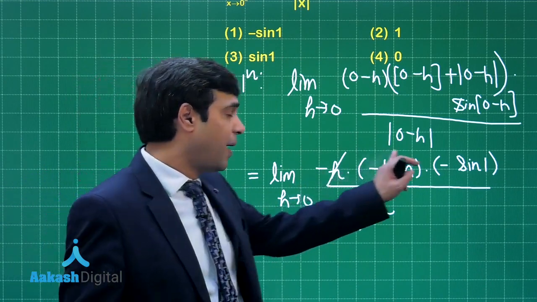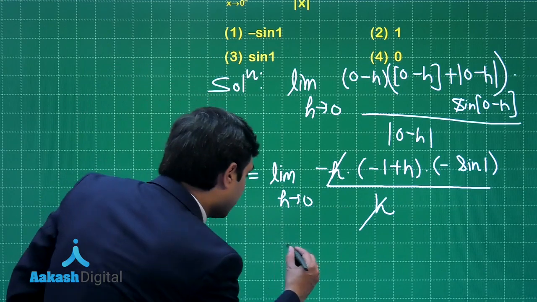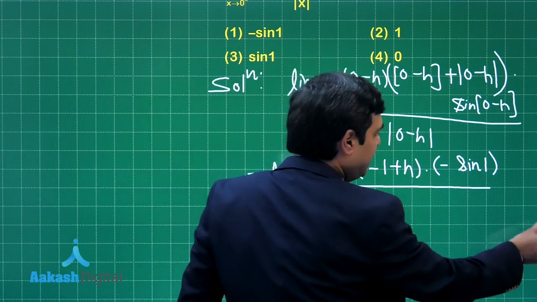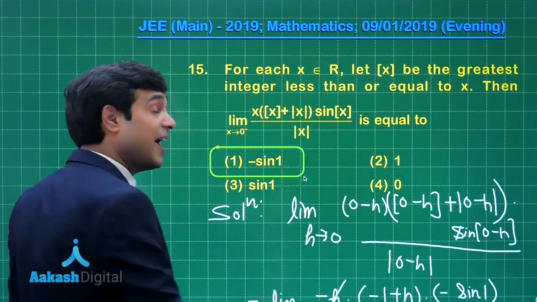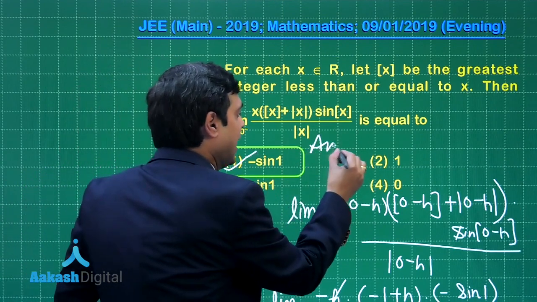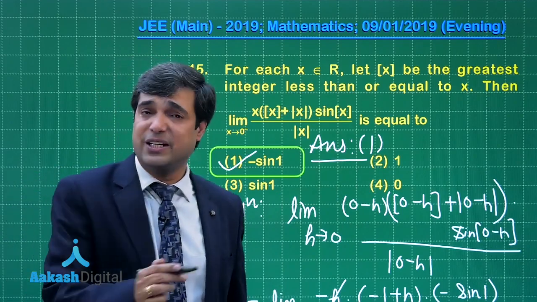What we obtain? Minus minus cancelled, we are left with finally minus 1 into sine 1. So the result is coming out to be minus sine 1. Let's see from the given options which one is correct. Minus sine 1 is given here as option number 1. So just mark it as the correct answer and mention here first. Let's move on to the next question, that is question number 16.